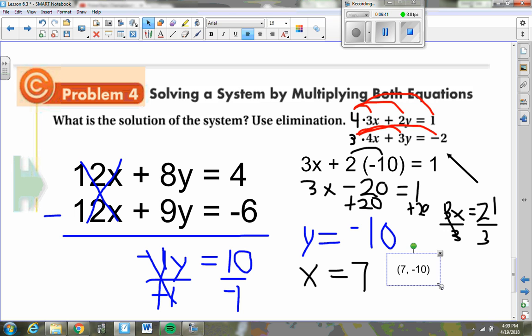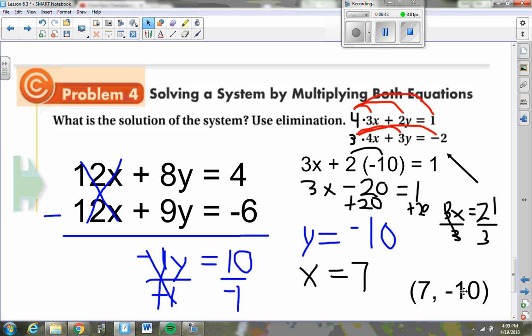So for this system of equations, the process once I had the same value on the variable is exactly the same as it used to be. We eliminate by subtraction because they were the same sign, and then I find one of my variable values, plug it back in, find the other one. Okay? The only thing that's difficult here is figuring out what variable do I want to eliminate and what number do I have to turn them into in order to do that.